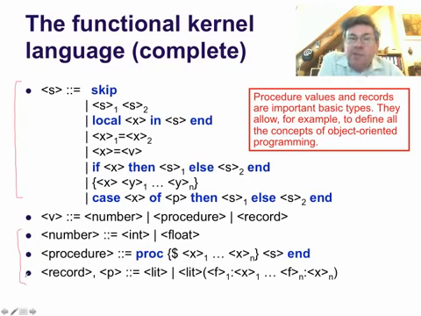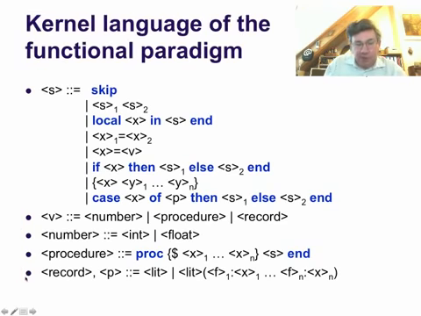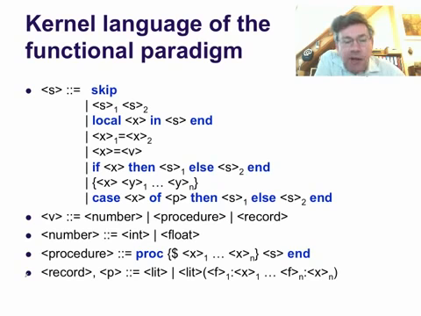So we will define the semantics for this kernel language, and we will define all our constructions, such as data abstractions for object-oriented programming, using this kernel language. So this slide then shows the kernel language of the functional paradigm as we will see it. And every instruction here has a reason for being here.